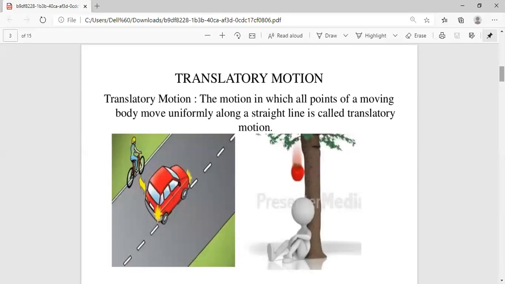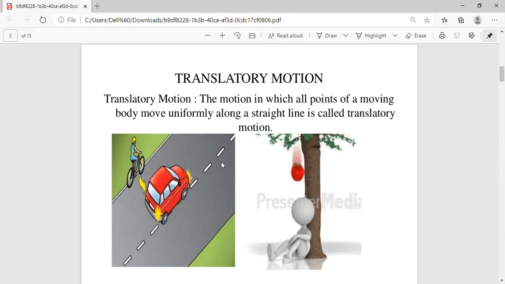See the definition of translatory motion. The motion in which all points of a moving body move uniformly along a straight line is called translatory motion. Children, you can see in the diagram also.